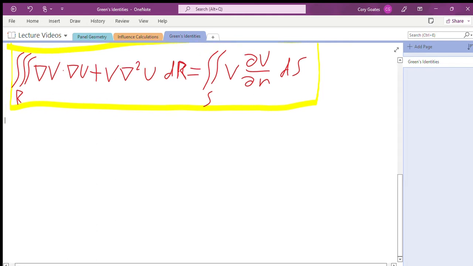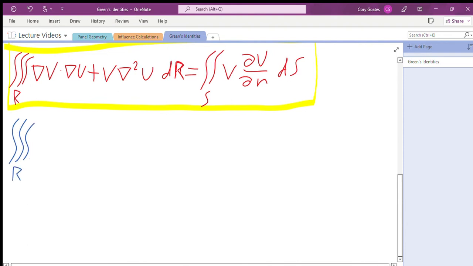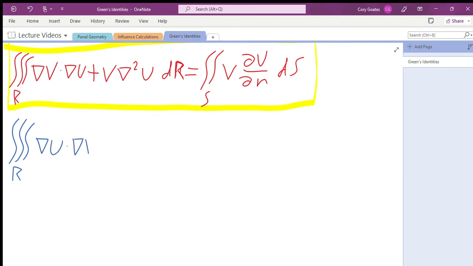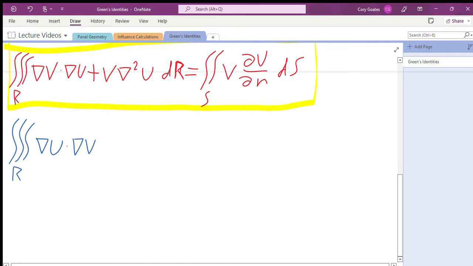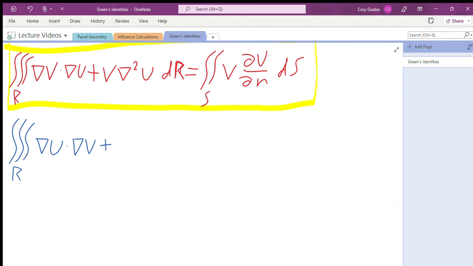So let's go ahead and write out what that would be, and just to be painfully clear here, we would end up with the triple integral over R of, remember we're just switching places, grad u dotted with grad v plus, and now I'm being a little pedantic writing this dot product in reverse order. If you'll remember, the dot product is commutative, so it really doesn't matter which order we write that in, but I'll switch it just so we can be clear that's what we're doing.